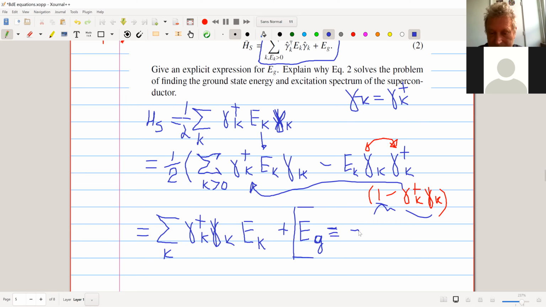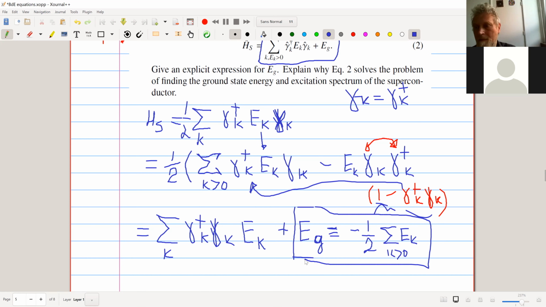It is minus 1/2 sum over all positive E k. All right, that completes our program.